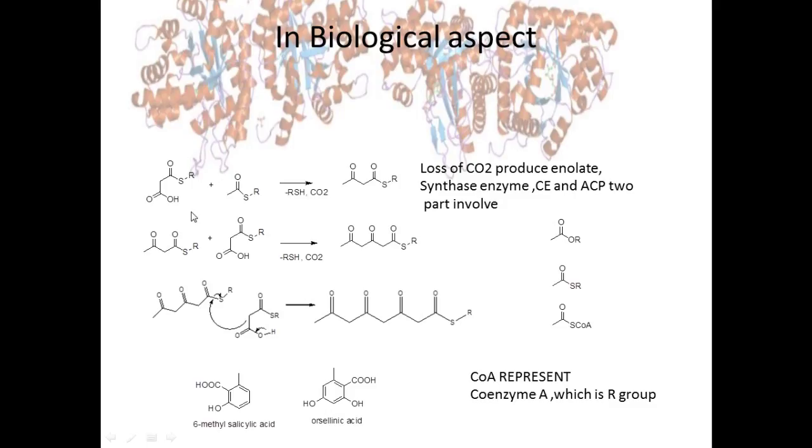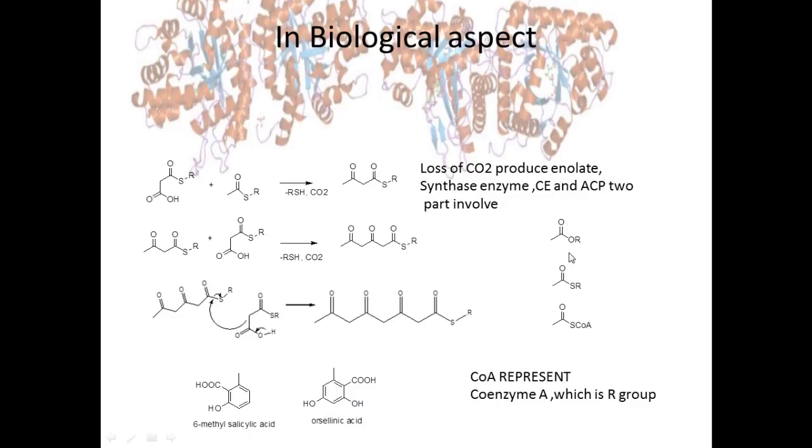You can watch my detailed videos on this type of reaction in biosynthesis. Please watch that tutorial on biosynthesis of natural products, which covers in full detail how Claisen ester condensation is used in the synthesis of terpenes and natural products.